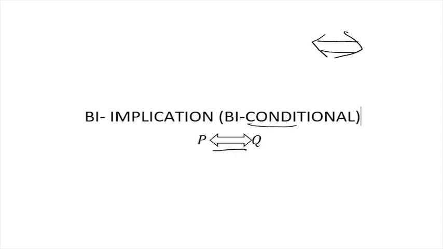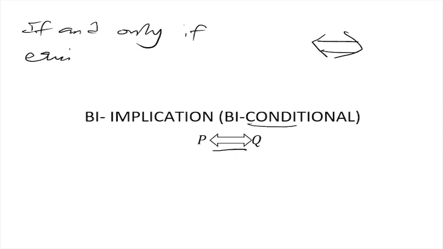Another name for biconditional is the if and only if statement. So when you hear if and only if, then we are referring to bi-implication or biconditional. And they can also call this equivalence.